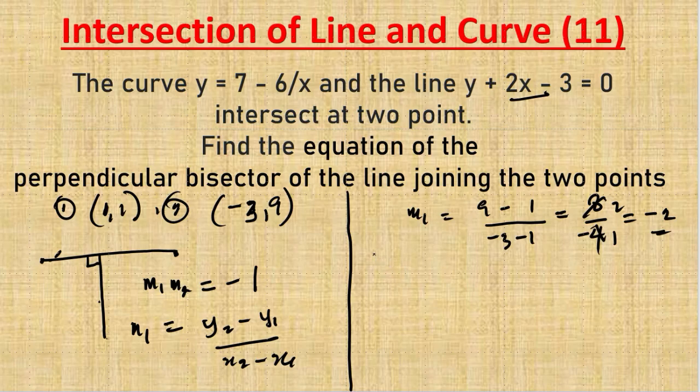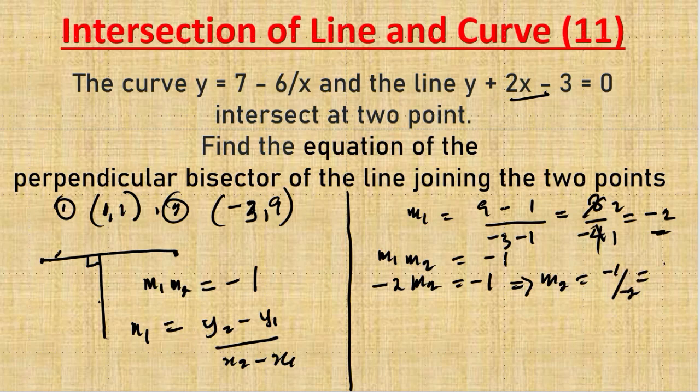Now, if m1 is minus 2, I know that m1 times m2 must equal minus 1, so minus 2 times m2 equals minus 1. This implies that m2 is minus 1 over minus 2, which equals half, since the negative signs cancel each other. Now we've gotten the gradient of this perpendicular line to be half.